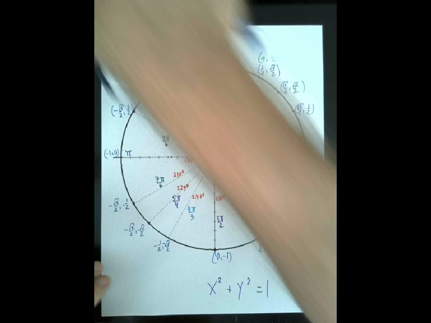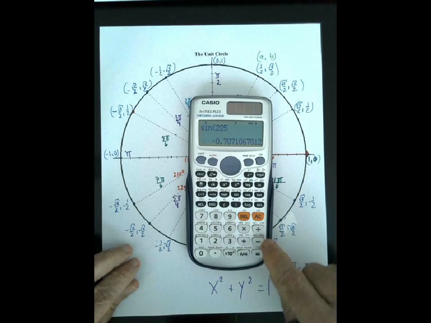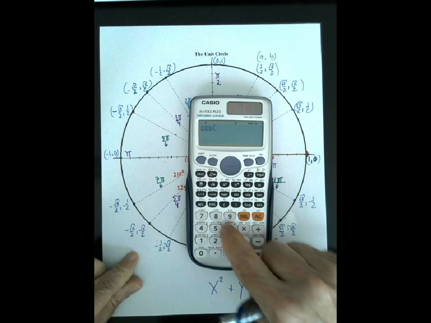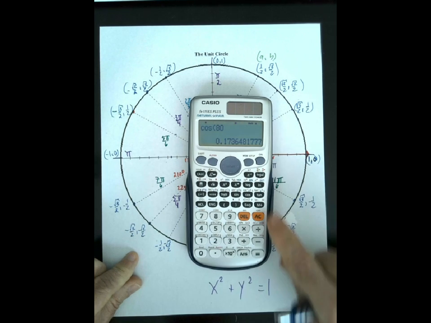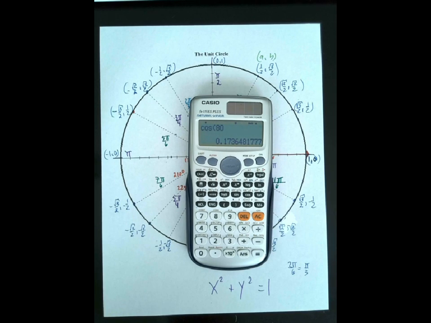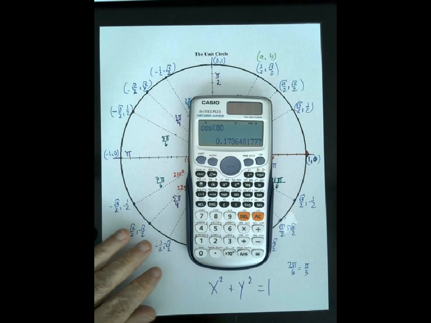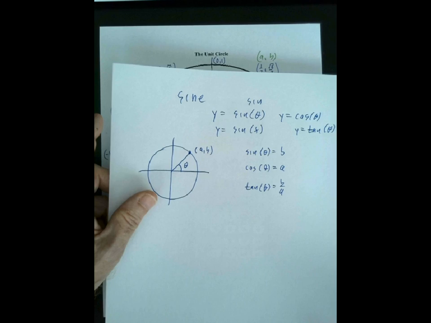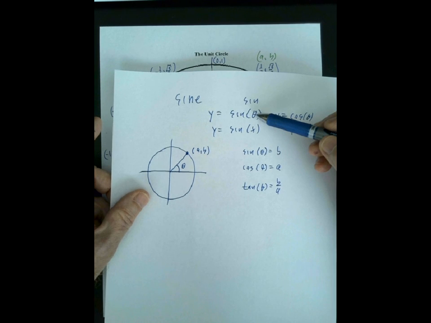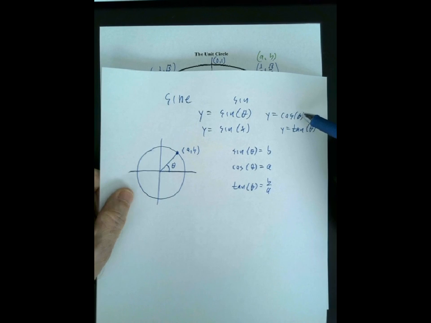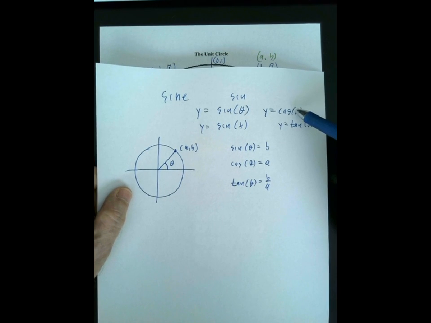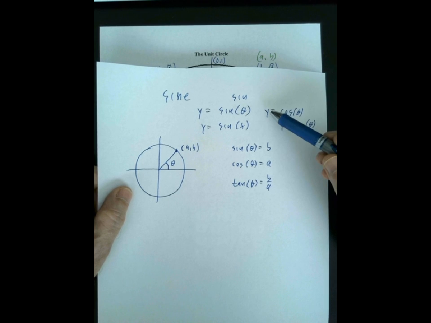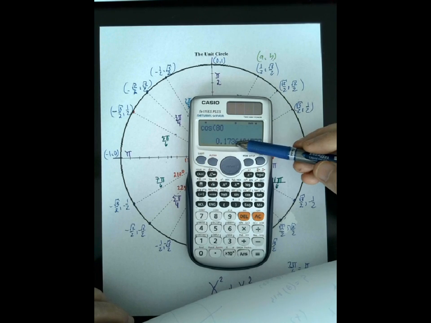Of course, I could do cosine 80, and it's about 0.174. So if I put 80 in degrees in for the angle, what comes out is 0.174.